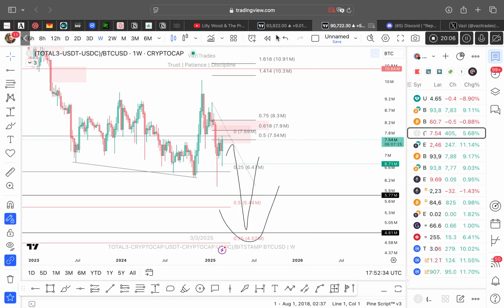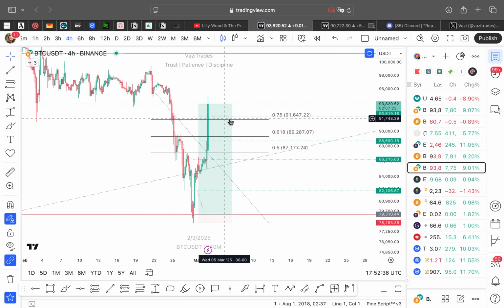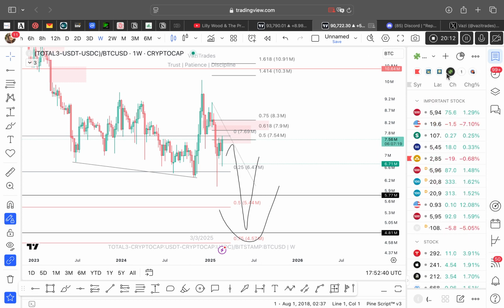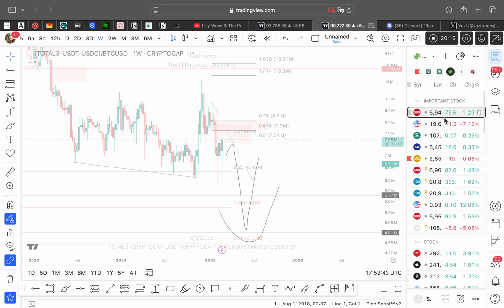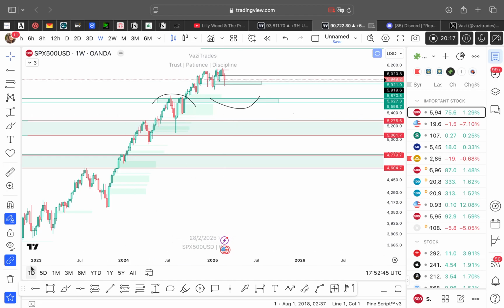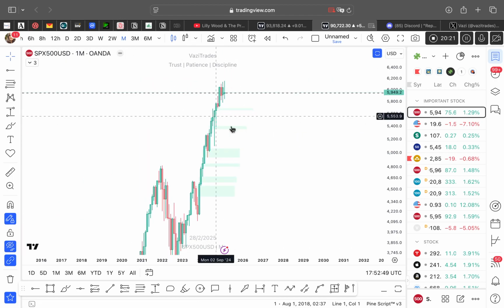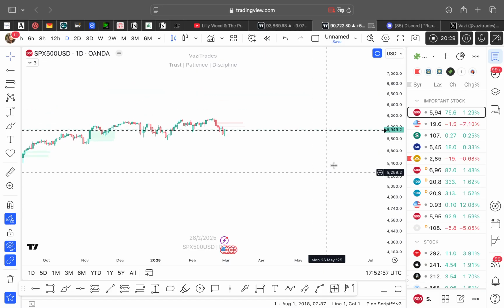Okay, so yes, this is nice, this is all beautiful, but still be cautious, because don't forget that this chart doesn't look beautiful, especially on monthly it doesn't look beautiful, and next week can bring us a lot of surprises.